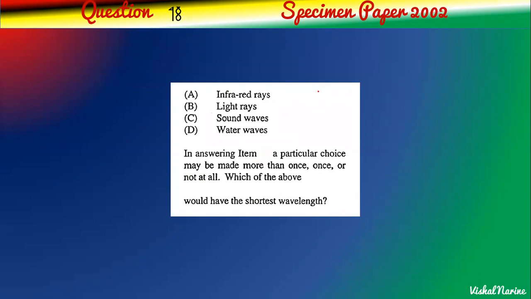If you can recall the mnemonic, I visited your ex-girlfriend Friday. No, ex-girlfriend. So you'll see that this will have been infrared, and this here is the visible light. Visible light is what we will refer to as light rays. All right, so the answer there is going to be B.